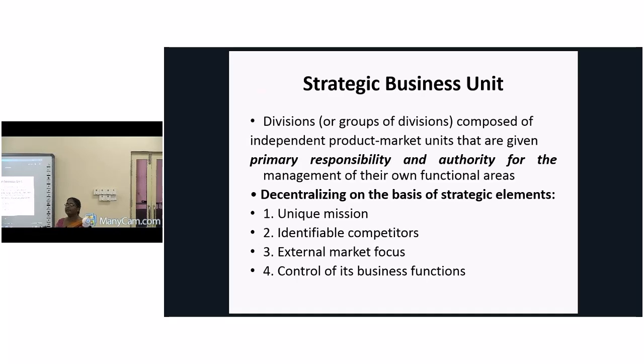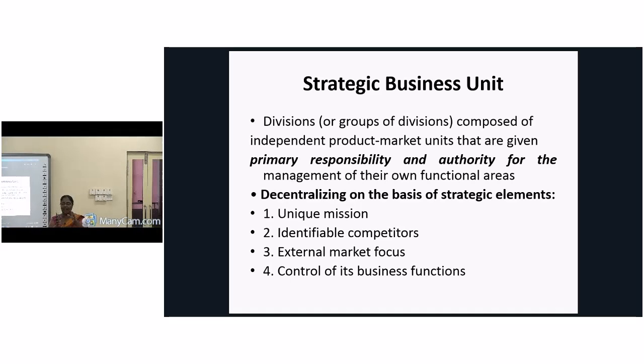For example, say Haley's. Haley's has its own real estate business and agro sector, and also engages in logistics and some other businesses. For all these businesses, they have formulated strategic business units. They are under the parent company and responsible to the parent company, but each SBU is independent, working as an independent company.